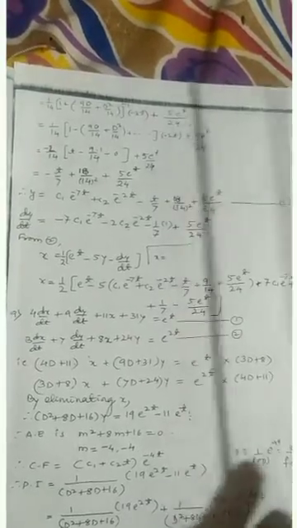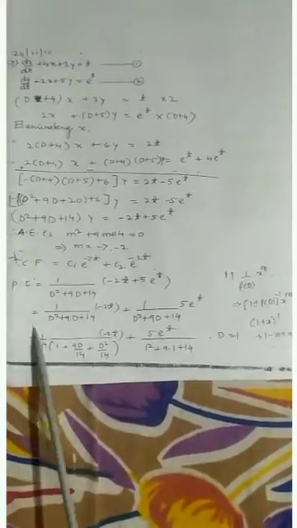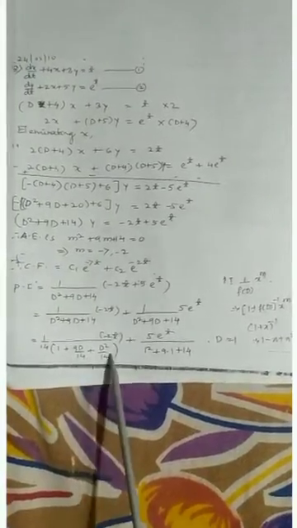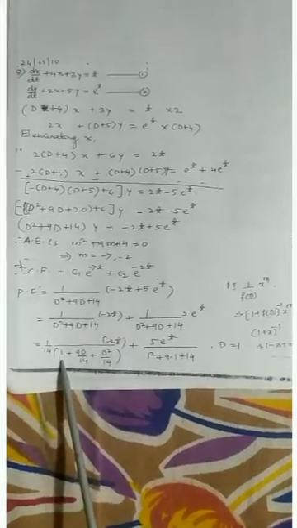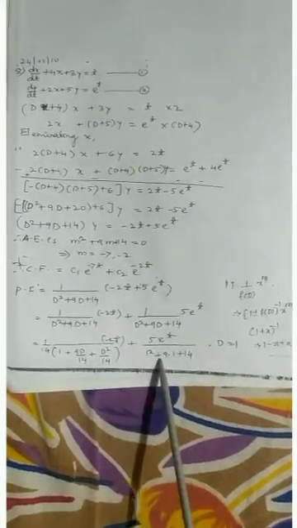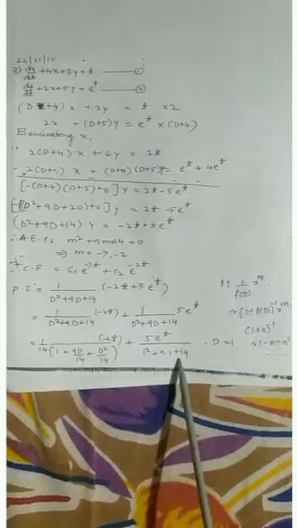We get 24 on solving this. I am taking this denominator in the numerator. These two terms taken as f of D, this is as it is. Then solve this denominator: we get 1 plus 9 plus 14, we get 25.